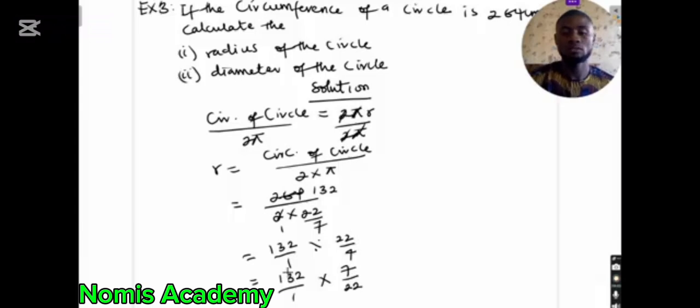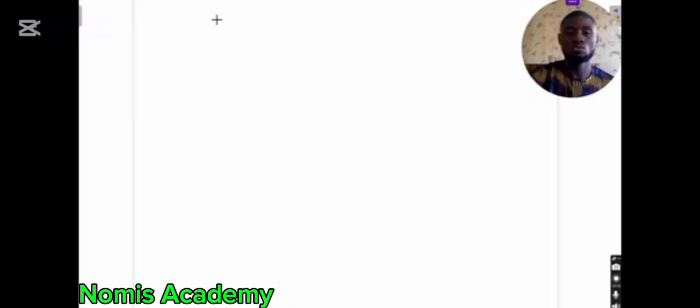So I can divide through by 2. 2 into 132 is 66, and 2 into 22 is 11. So I am left with 66 multiplied by 7 all over 11.